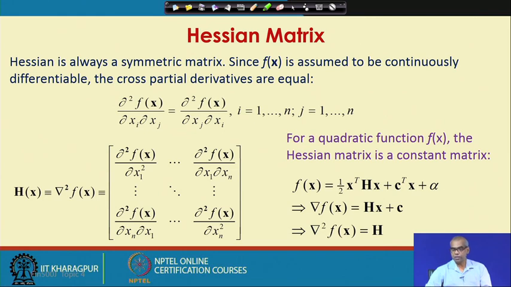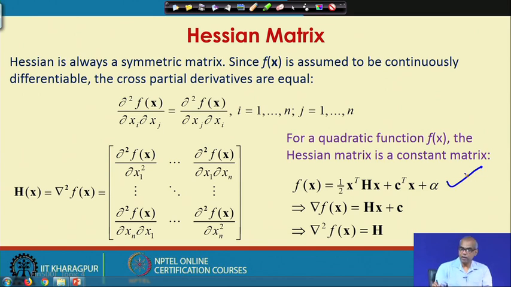For a quadratic function f(x), the Hessian matrix is a constant matrix. Again, you can show this easily. This is an expression for a quadratic function, f(x) equal to half x transpose H x plus c transpose x plus alpha.